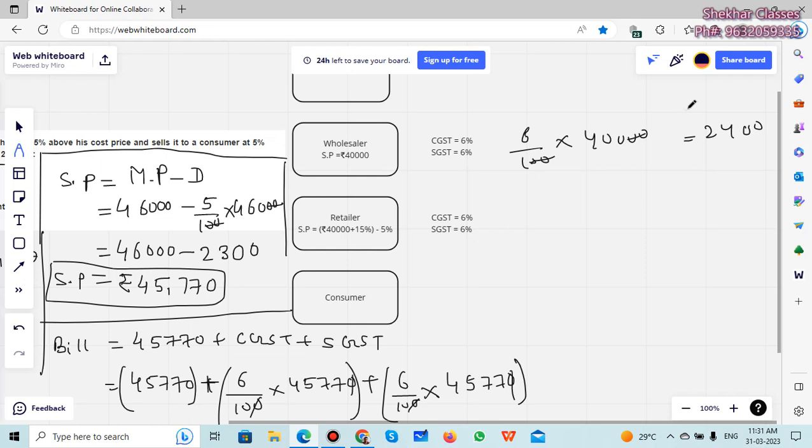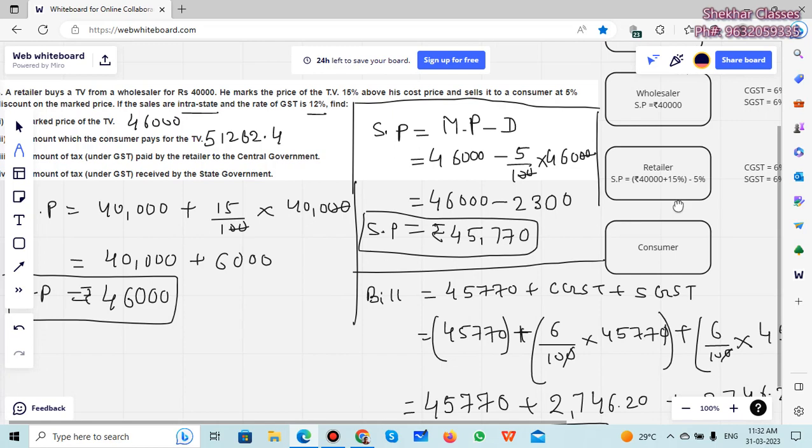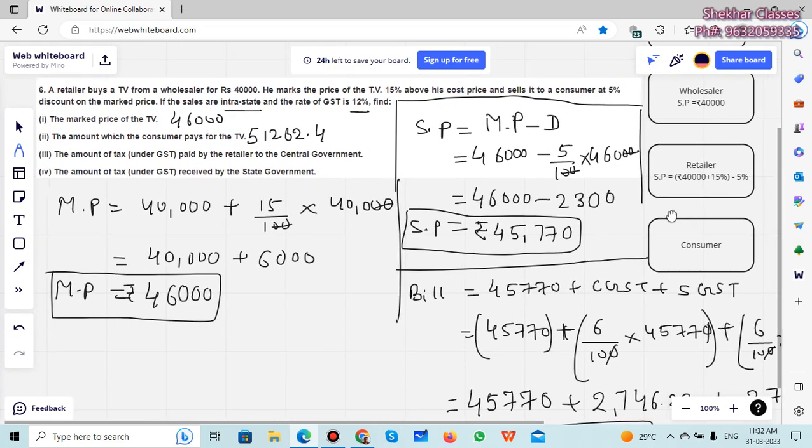So CGST is 2400 and SGST is 2400. He has paid both these amounts, to whom? To the central and state government respectively.